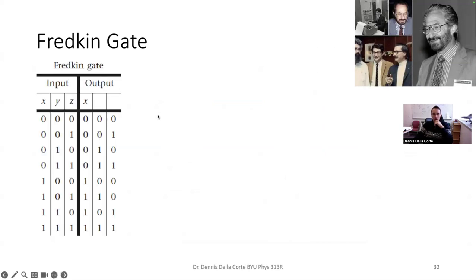So what does the Fredkin gate do? Similar to the Toffoli gate, it has 3 inputs and 3 outputs, so it's reversible. And what it does is it uses the first input bit to decide if the output bits Y and Z should be switched. So if my input X is 0, then my Y and my Z won't be touched.